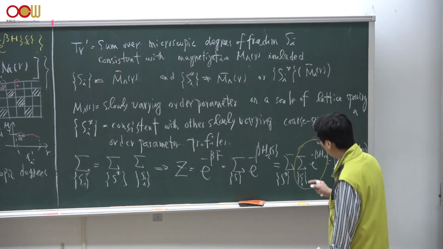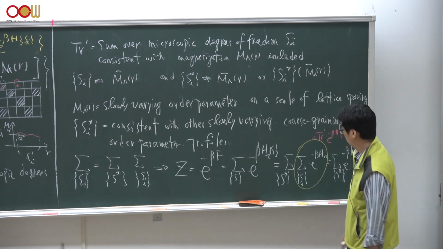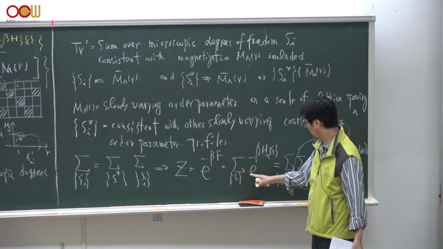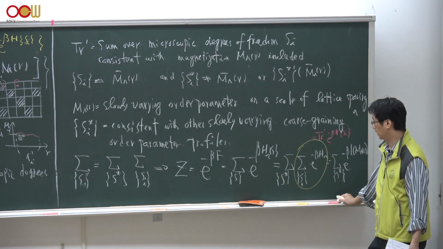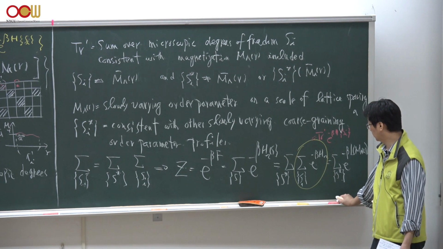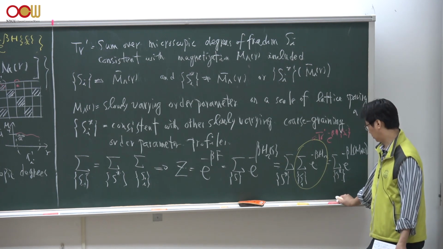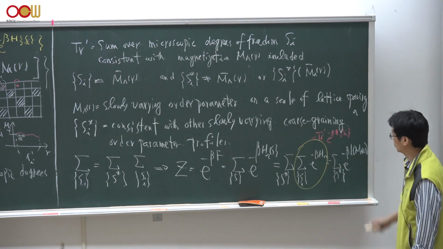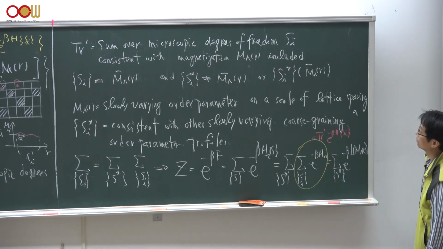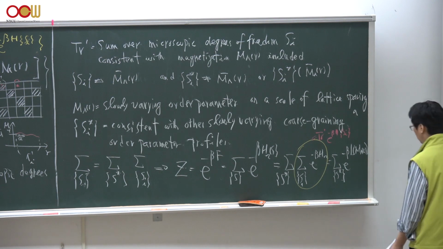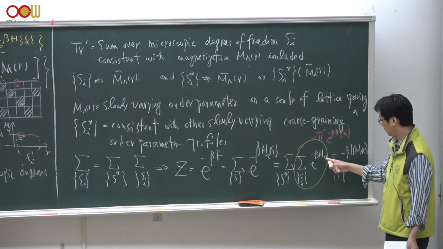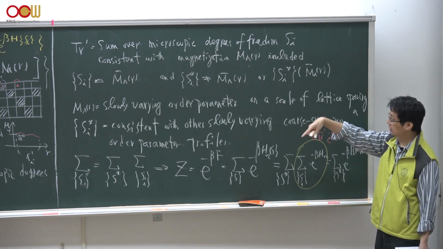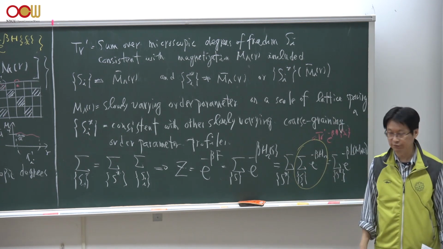Therefore, the whole partition function, which is the sum over the entire microscopic spin degrees of freedom of the whole system of e to the minus beta H, could be decomposed into the product of these two partial summations. One is trace prime, exactly what we defined for the Landau free energy functional. But there is another remaining summation over S star, which is all the other degrees of freedom.